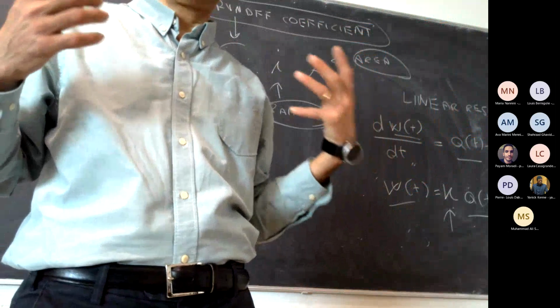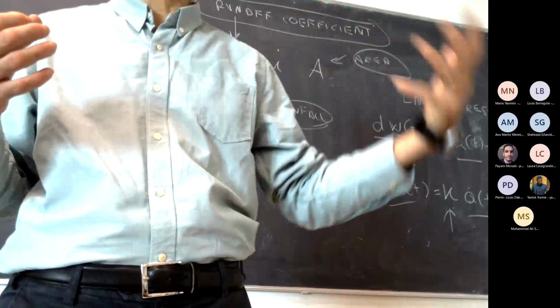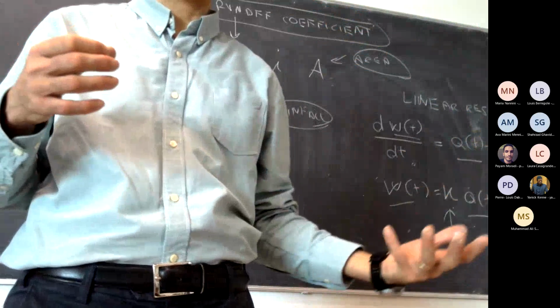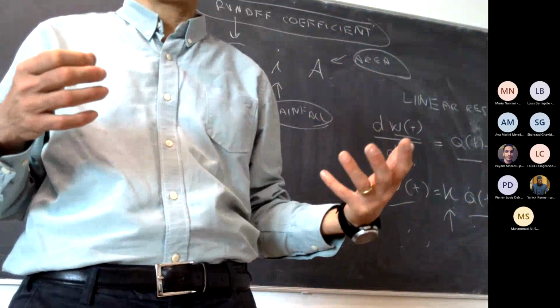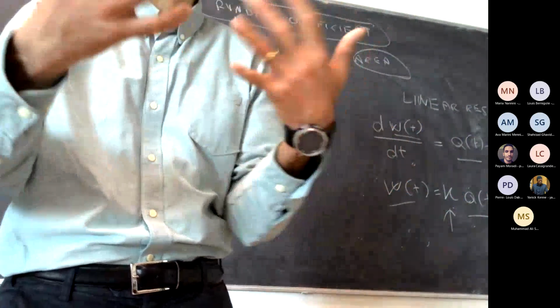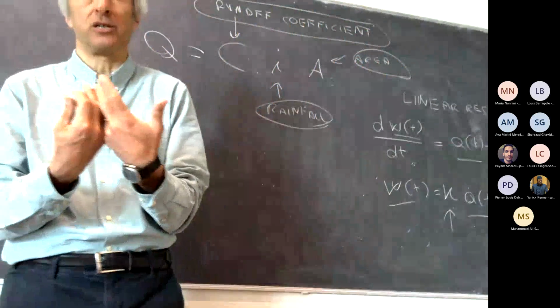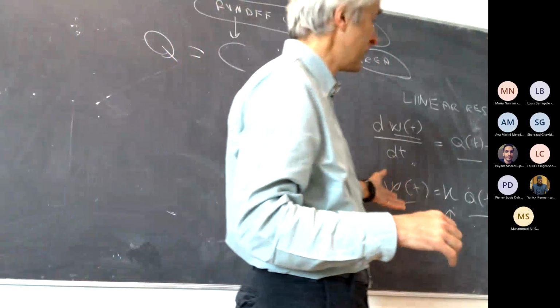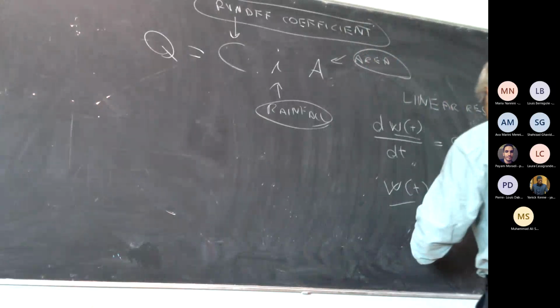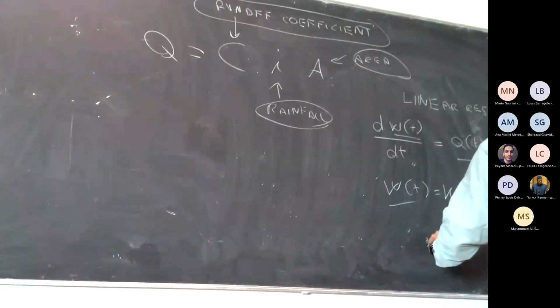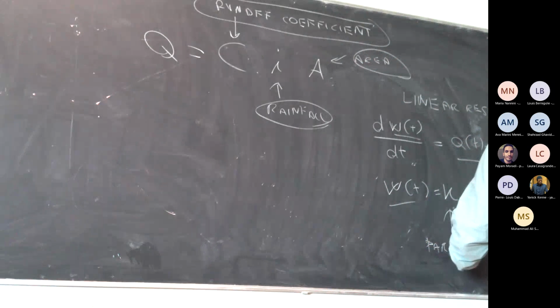So K has a physical meaning. Time of concentration, we defined it, has a physical meaning. On the other hand, it's close, but it's not really the time of concentration. And therefore, we call it a parameter. K is a parameter with some physical meaning, but it's a parameter.